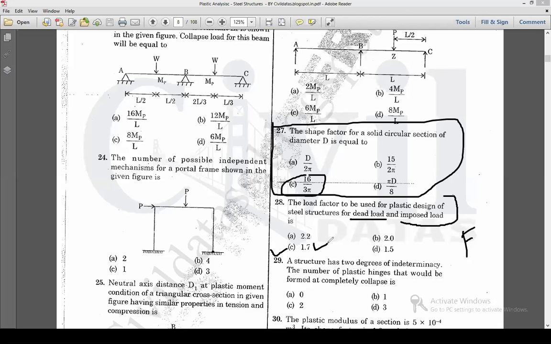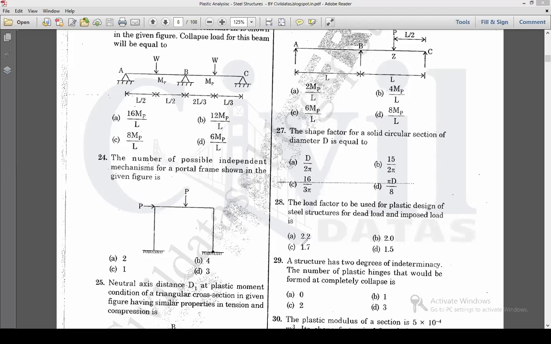If you refer to IS 800 1984, section number 9, plastic analysis, you can see the table. In that particular table, for dead load and live load, it is 1.7. That is for the beam, that is I section. For rectangle section, it is 1.5. But in the code, the minimum value mentioned is 1.7. So the answer is 1.7.